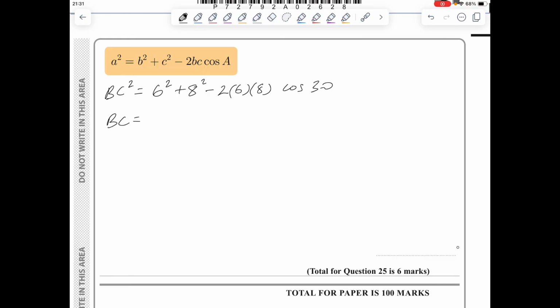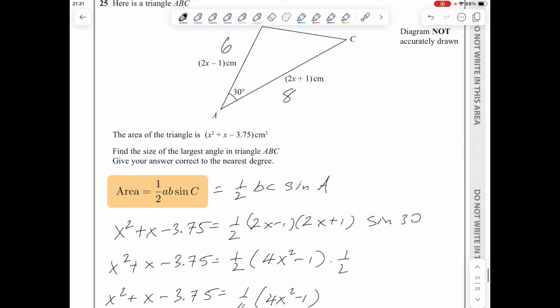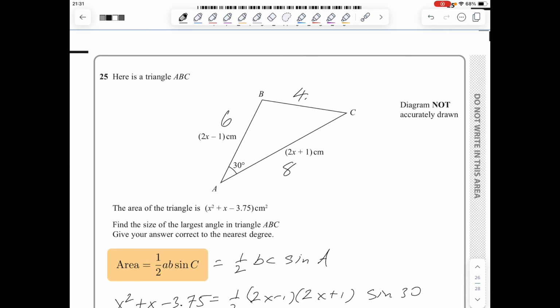So BC is the square root of that, which gives me 4.106283141. So let's go back to the shape. That's 4.1.